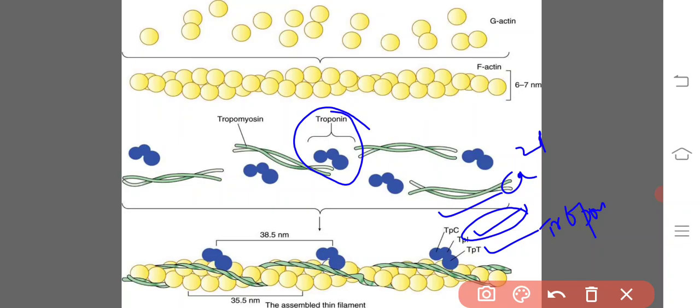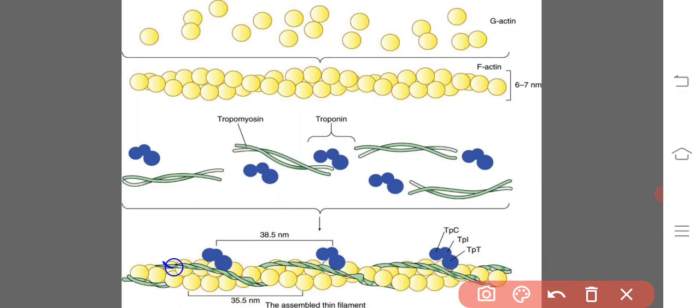In a relaxed muscle, myosin is blocked from binding to actin because strands of tropomyosin mask the myosin binding sites upon the actin. The tropomyosin strands in turn are held in place by troponin molecules.